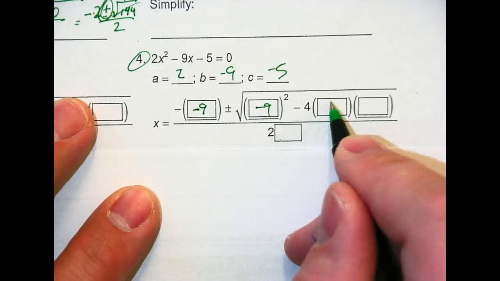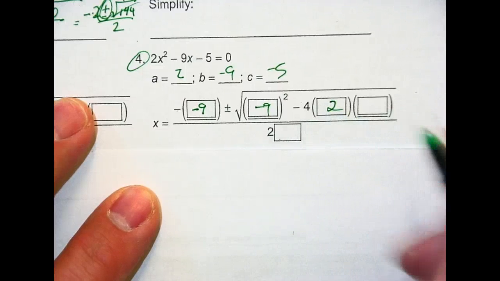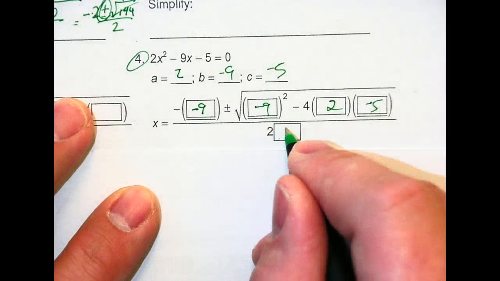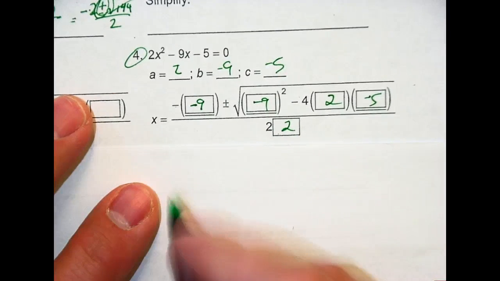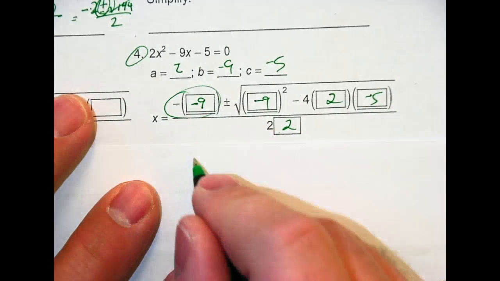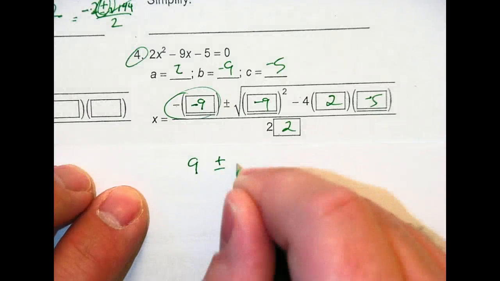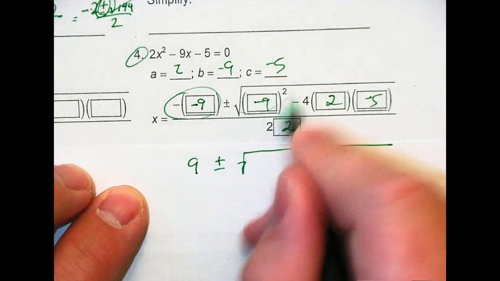What goes here? 4 times 2, which is our A, times C, all over 2 times 2, or 2A. Okay, so this part right here we said is going to become positive, so we get 9, plus minus, the square root of, this is?